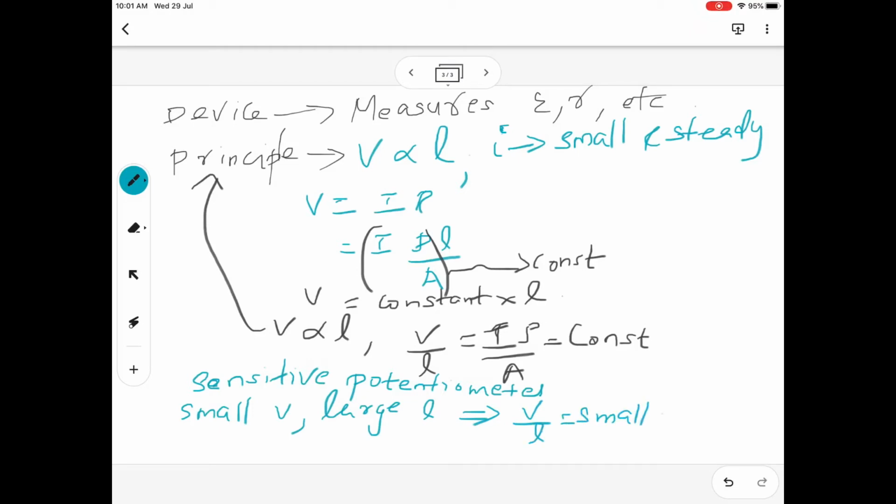So more L for a small V. So V by L, say the potential gradient, appears very small. So for a sensitive potentiometer you must know the potential gradient, V by L, remains very small. So V by L small means I rho by A must be small. So in I rho by A, the variable is the current only.